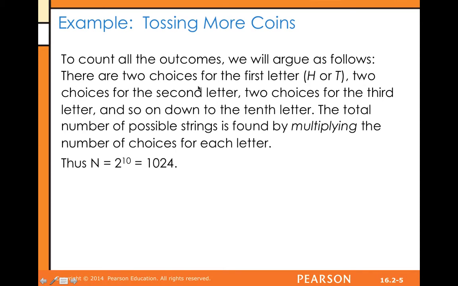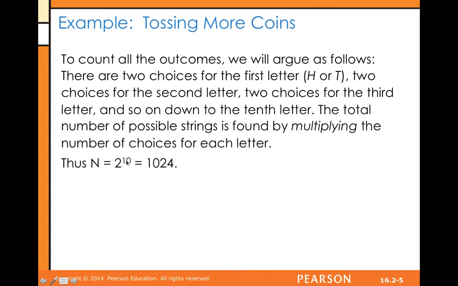To count all of the outcomes, we will argue as follows. There are 2 choices for the first letter, either a heads or a tails. 2 choices for the second letter, again, either heads or tails. 2 choices for the third letter, and so on, all the way to the 10th letter. The total number of possible strings is therefore found by multiplying the number of choices for each letter.